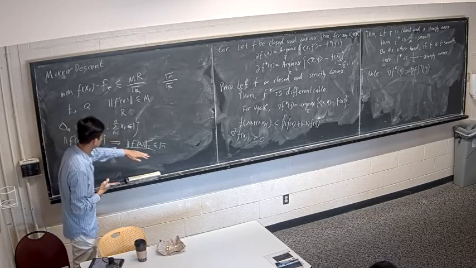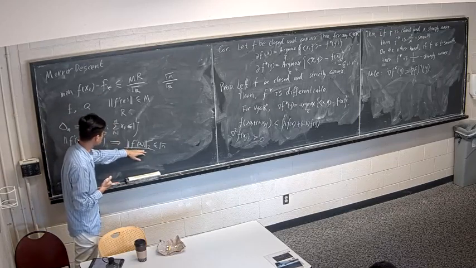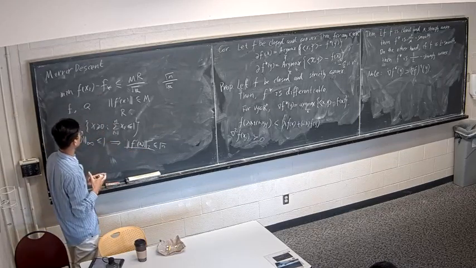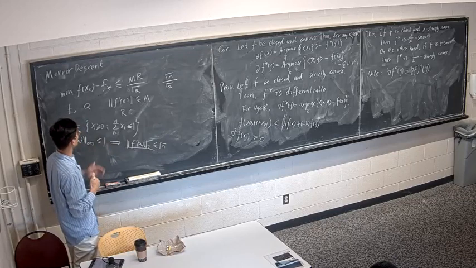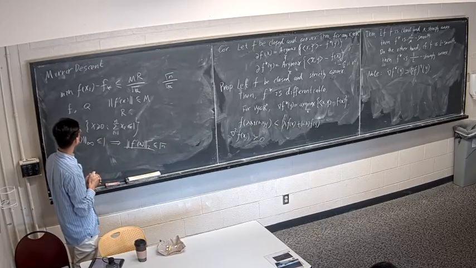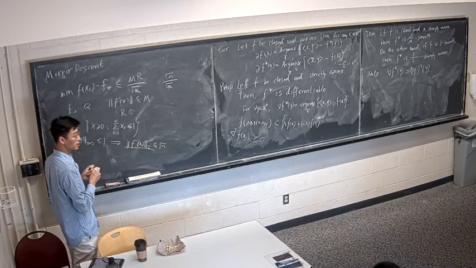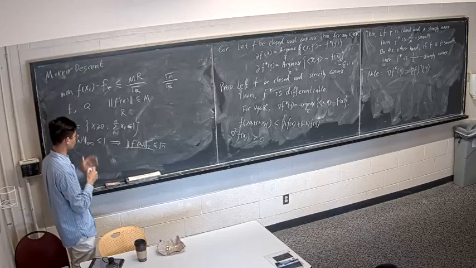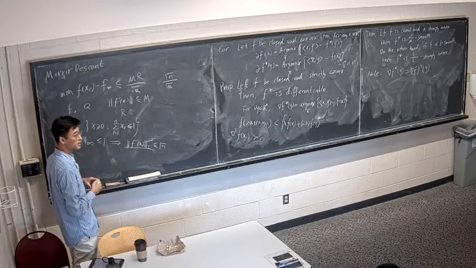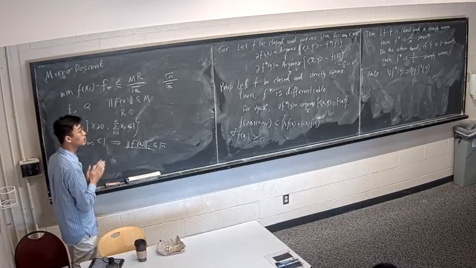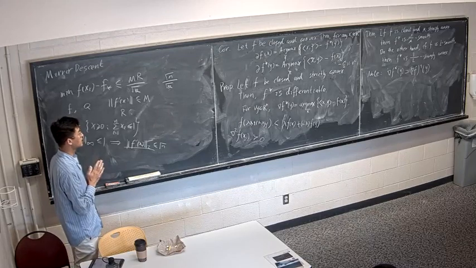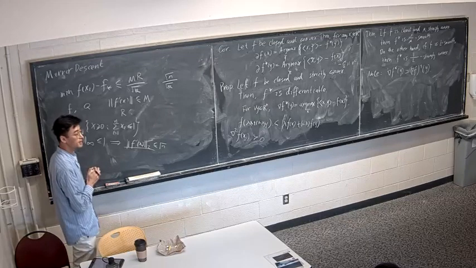First of all, this is not dimension-free, and also non-Euclidean distance is not suitable here. So all of these issues will be resolved by using mirror descent, by changing the underlying geometry. We are not going to use the L2 norm, we are going to use some non-Euclidean distance. So I think let's stop here and see you on Thursday.